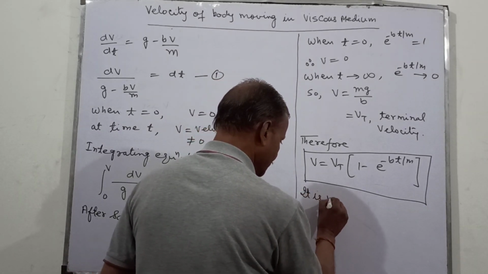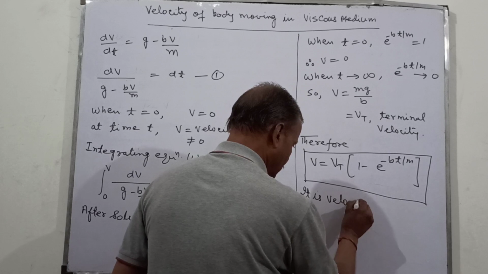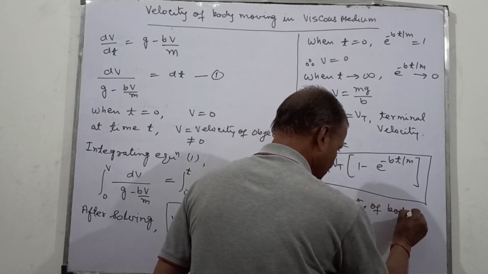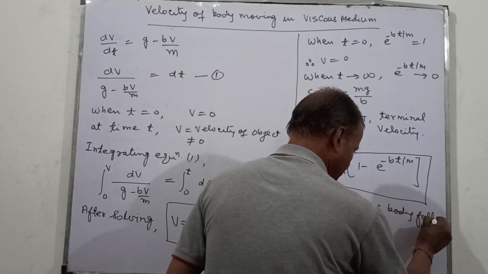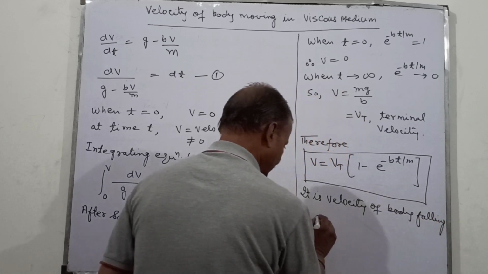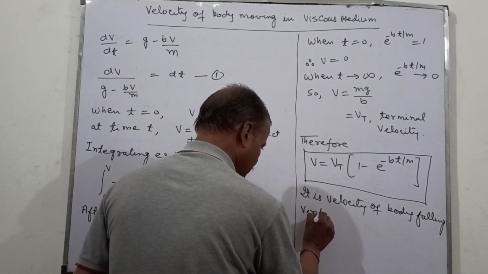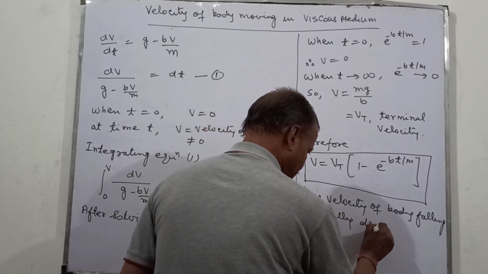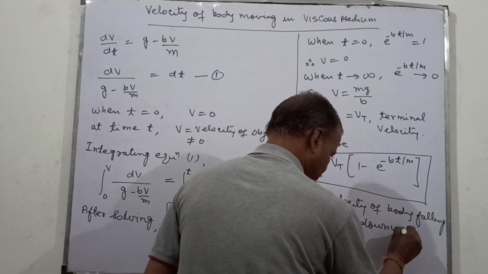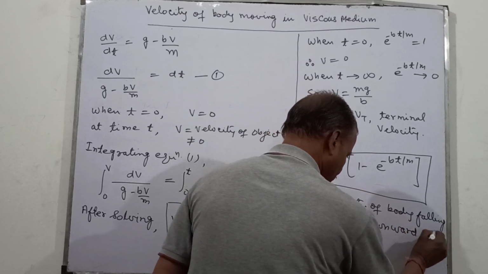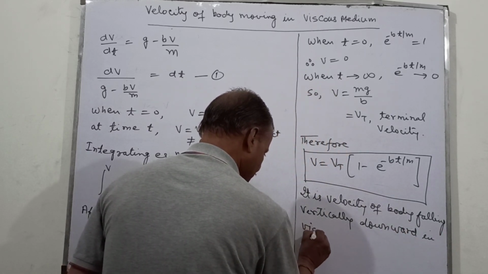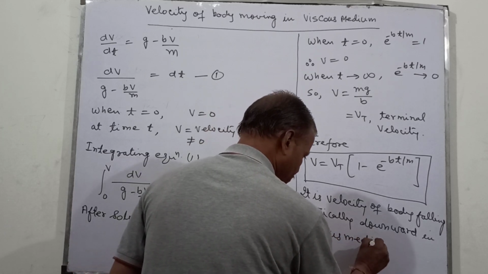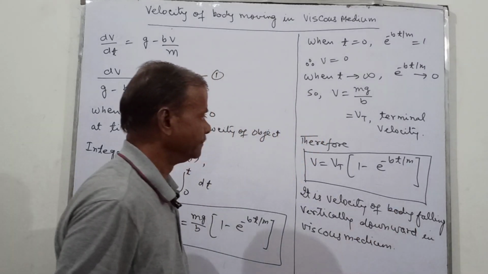It is the velocity of body falling vertically downward in viscous medium.